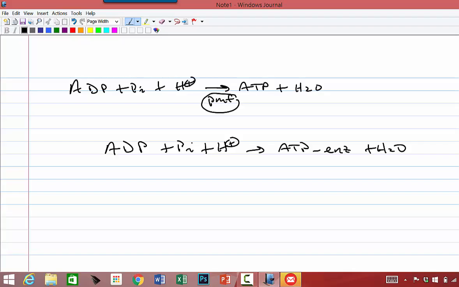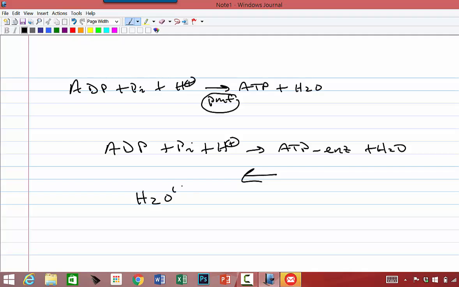And then what Boyer did was something very interesting. He said, if I can create this on the enzyme without any kind of energy, then I should be able to drive the reaction backwards if I have ATP loaded onto the enzyme, and if I use radio-labeled H2O.